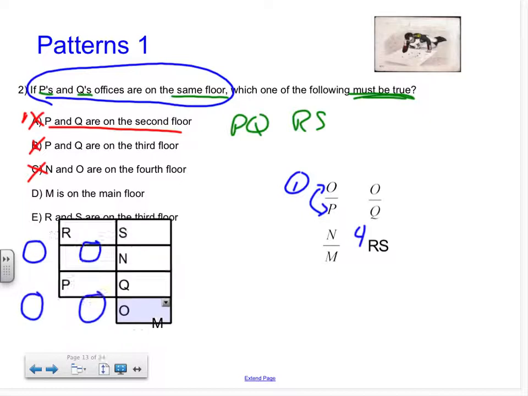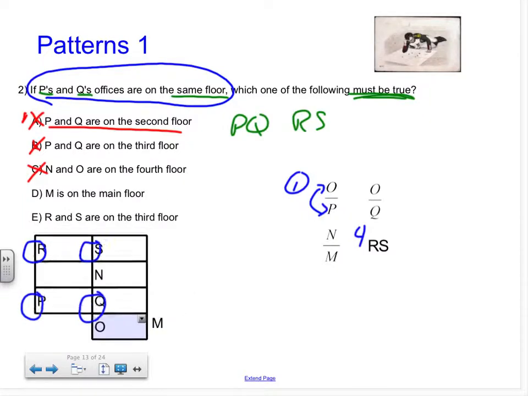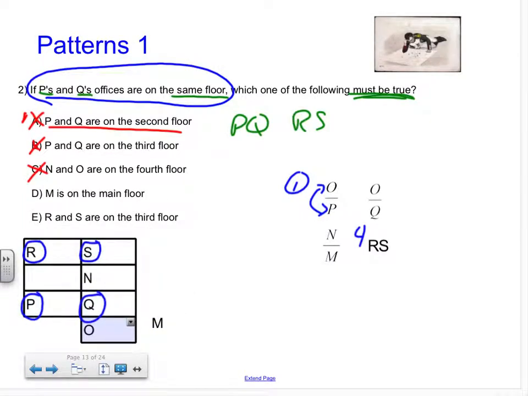So let's try putting O back. And if I swap places with N and M, I know that it will break condition 3.